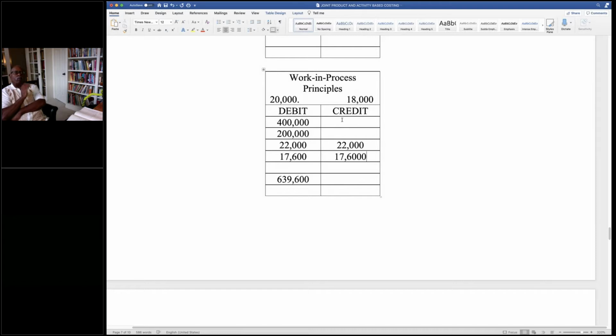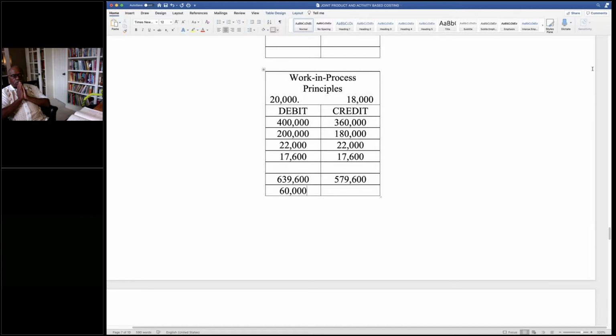For the ink, they used $360,000 worth of the ink that they bought and $180,000 worth of the paper that they bought, which totals up to $579,600, which is the number that we needed that I mentioned up above. The difference between that is $60,000.